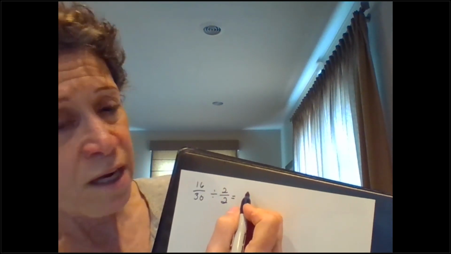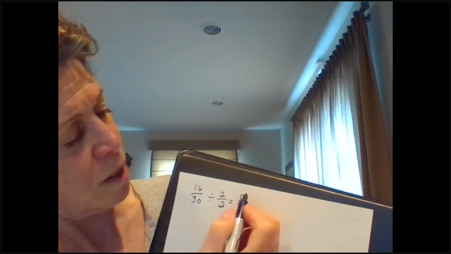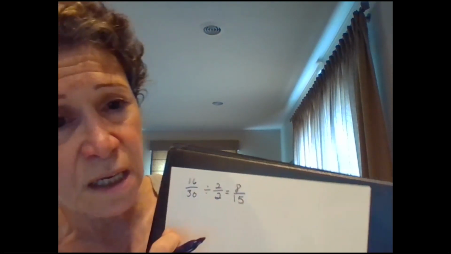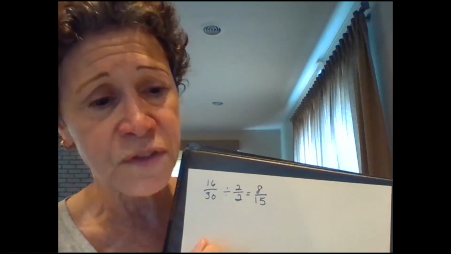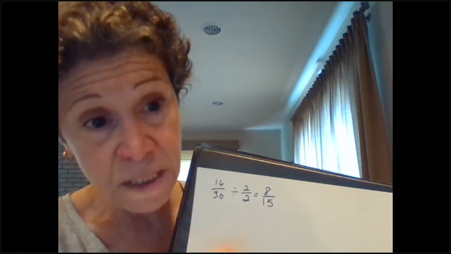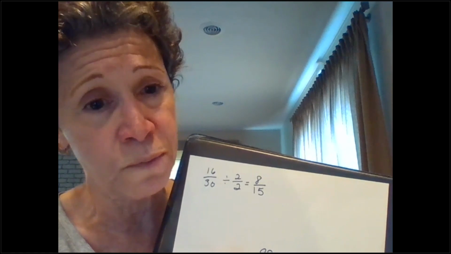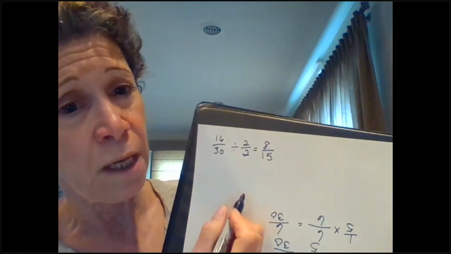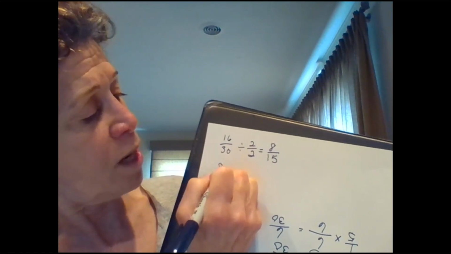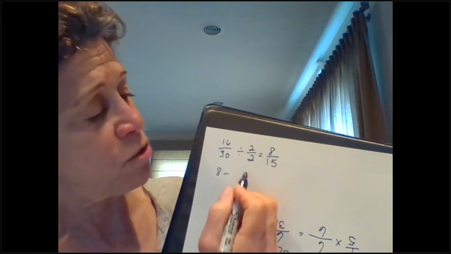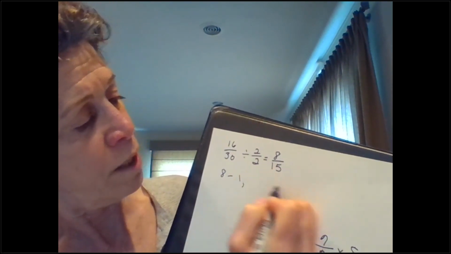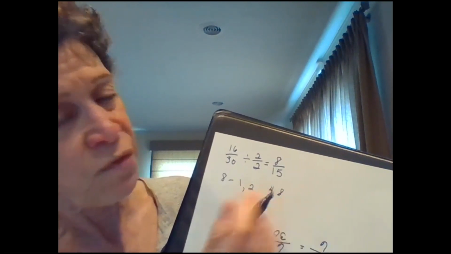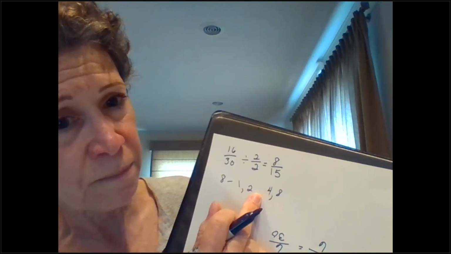So 16 divided by 2 is 8. And 30 divided by 2 is 15. Okay, so I have 8/15. So now I have to think to myself, is that lowest terms? So I'm going to do my greatest common factors. I'm going to do my factors of 8. So it's 1 times 8, 2 times 4, and that's it, right?